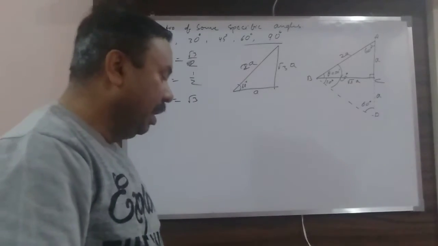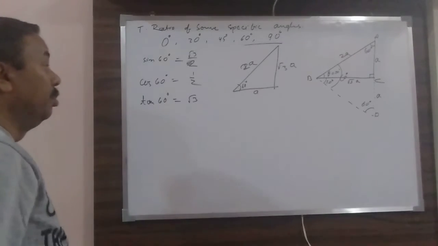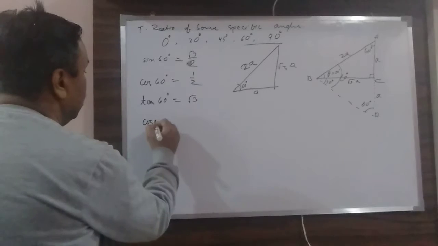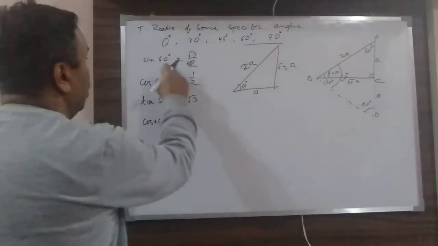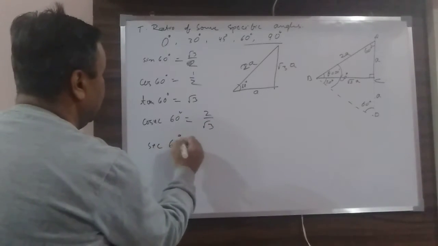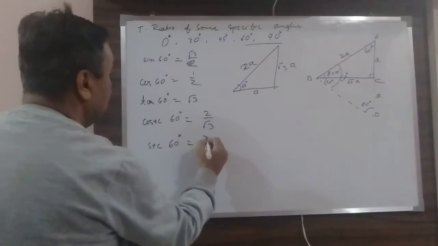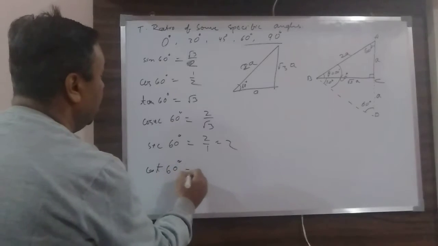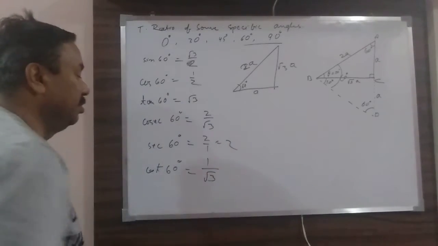Then reciprocals, cosec 60 degree will be what? Reciprocal of sine 60, so it will be 2 by root 3. Then sec 60 degree will be equal to 2, and cot 60 degree will be equal to reciprocal of tan 60 degree, so it will be equal to 1 by root 3.